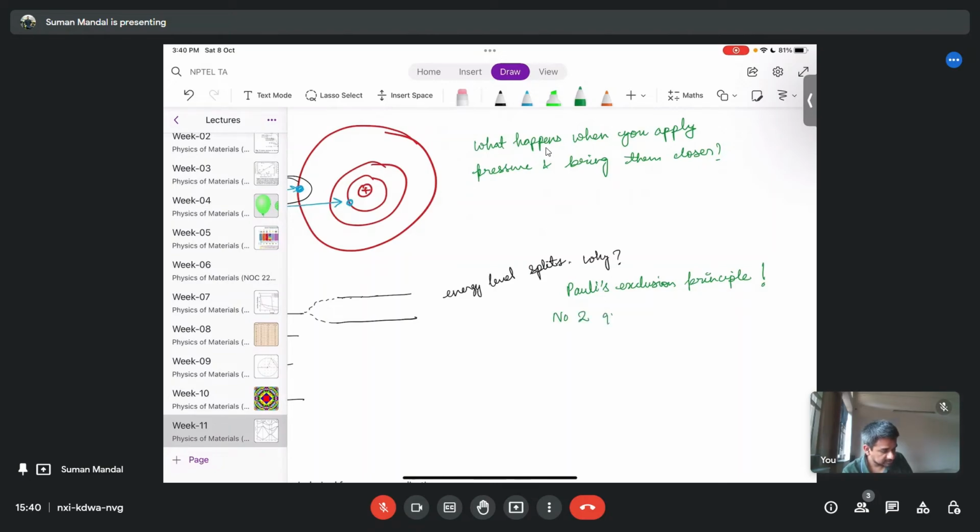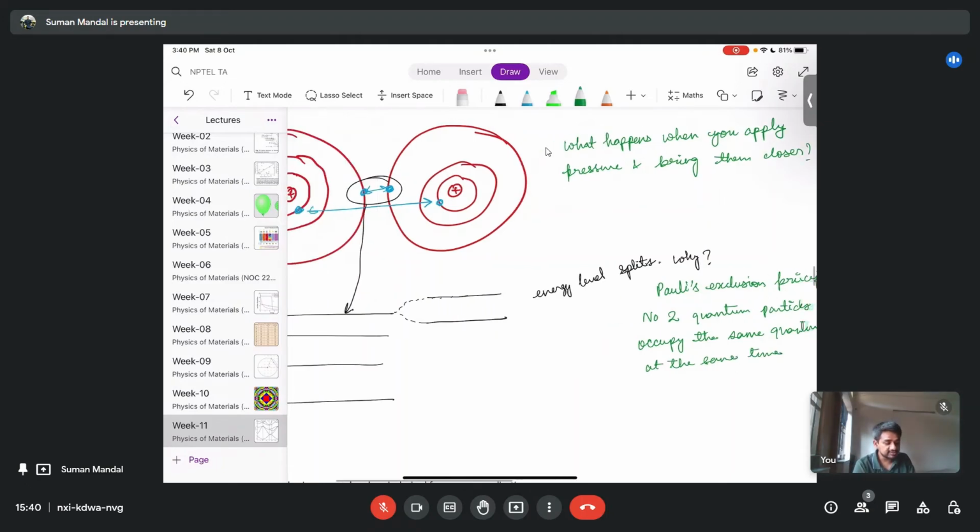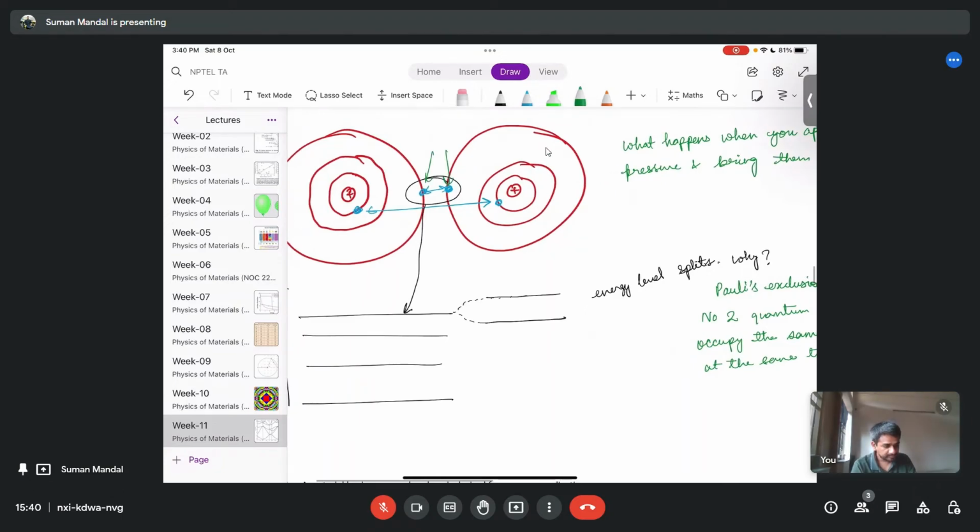No two electrons can occupy the same quantum state at the same time. Therefore, since both of these electrons were in the same quantum state, they split off to different energy levels.